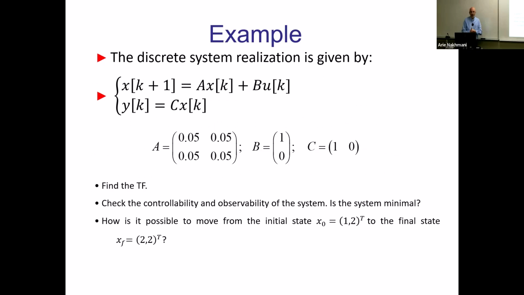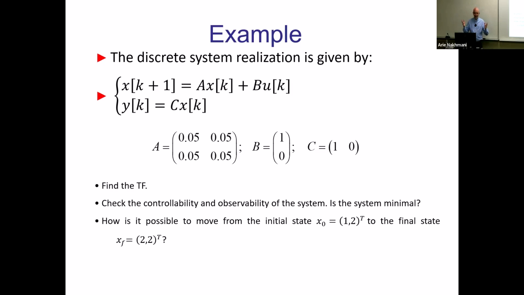And now we will start with an interesting example. This example tells you how to compute the transfer function, which we've seen previous time. And just to make it more interesting, I will use different formulas this time for computing the transfer function. You can get the same result, so use other formulas. Then you need controllability and observability of that particular system and tell me if the system is minimal, which will be pretty simple.